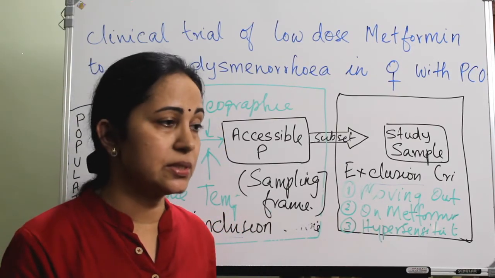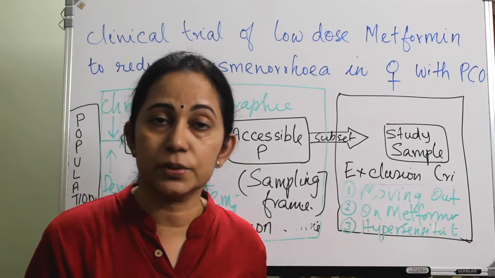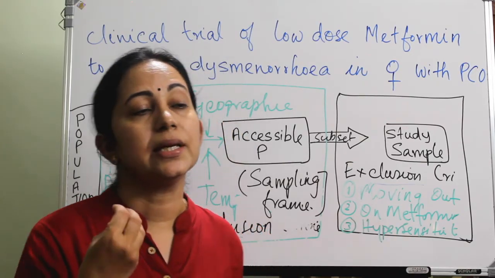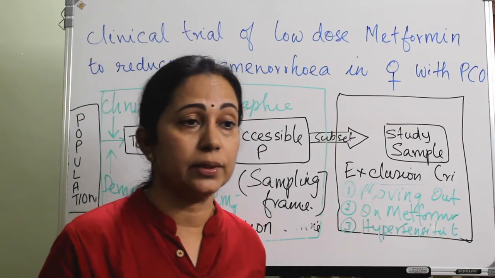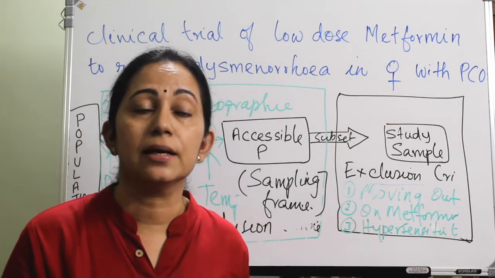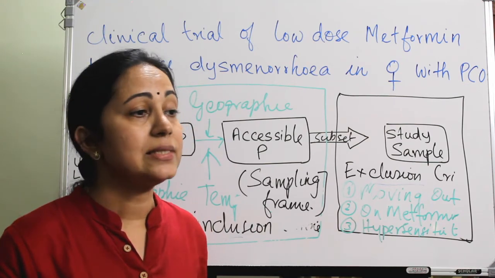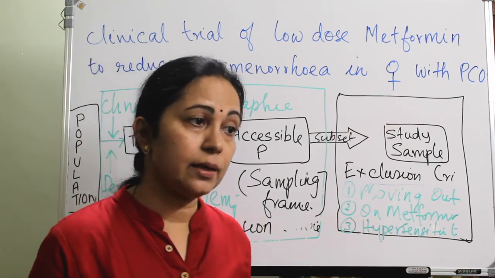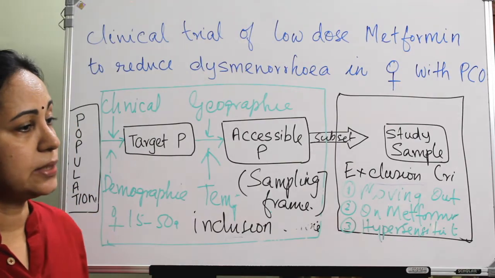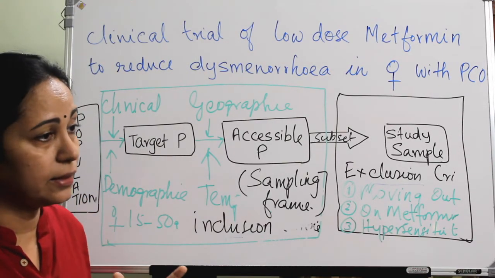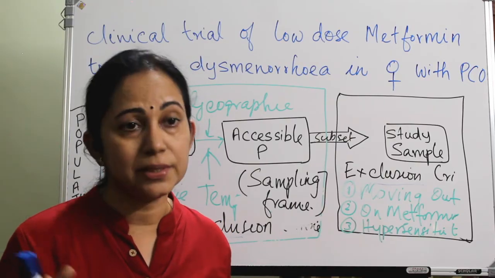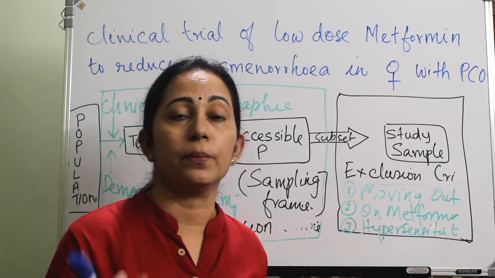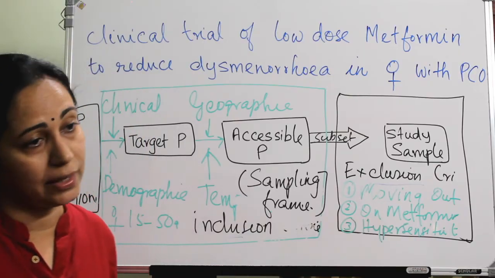Especially in the case of a cross-sectional study, it may not be generalizable to the entire universe. But in the case of a clinical trial, the external validity will be more. That means clinical trials are better generalizable to the entire population. Okay, so a study with a good internal validity may or may not be generalizable, that is, may or may not have a good external validity, right?